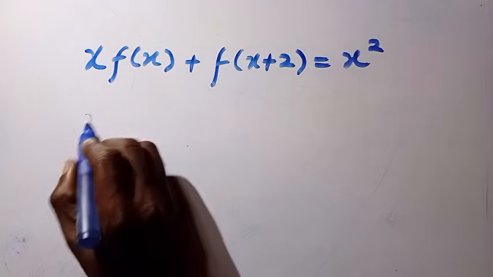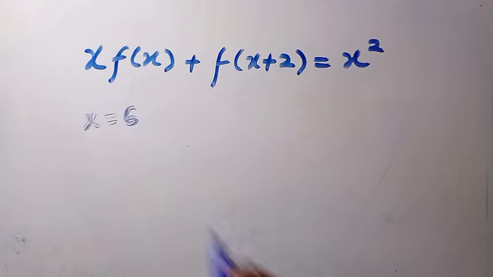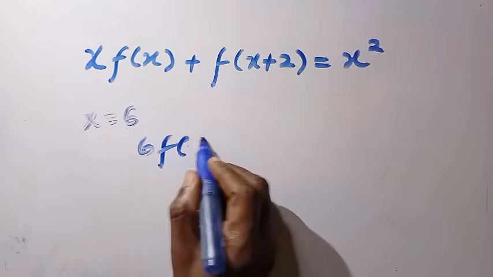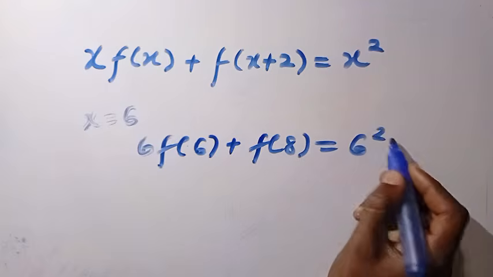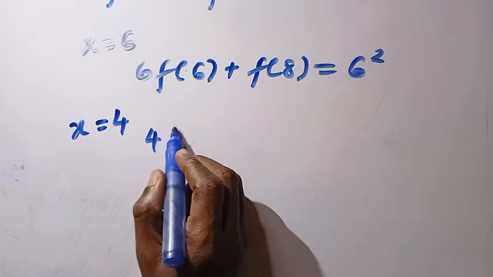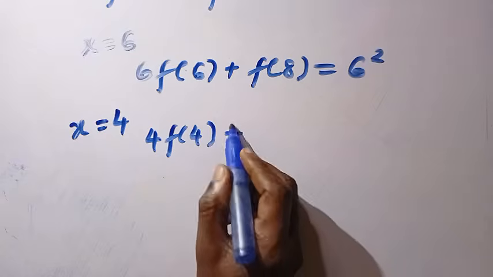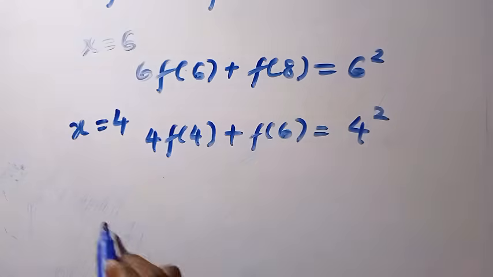Suppose I let x equal 6. Then we have 6 f(6) plus f(8) equals 6 squared. If x equals 4, we have 4 f(4) plus f(6) equals 4 squared.